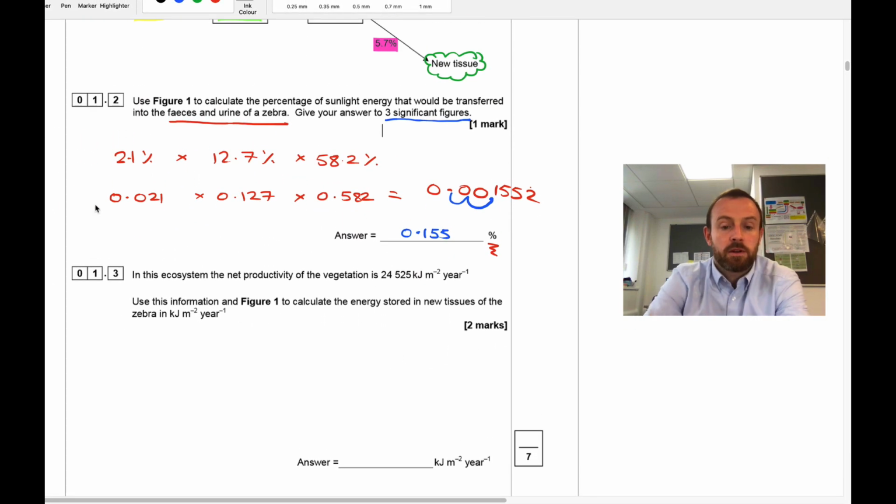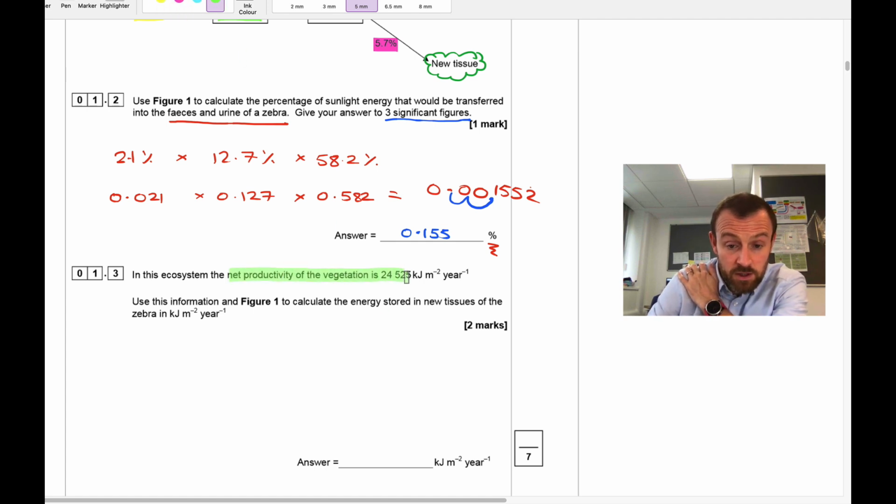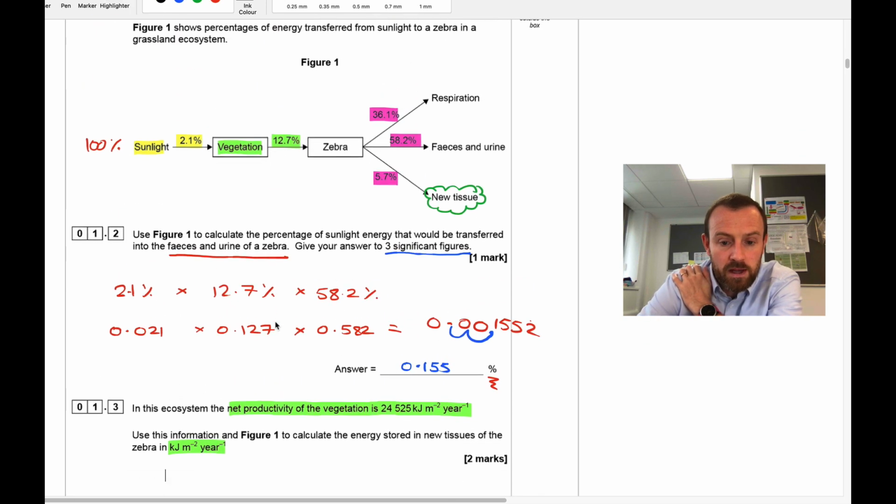In this ecosystem, the net productivity of the vegetation is 24,525 kilojoules per meter squared per year. Use this information and figure 1 to calculate the energy stored in new tissues of the zebra in kilojoules per meter squared per year. So what figure are we given?